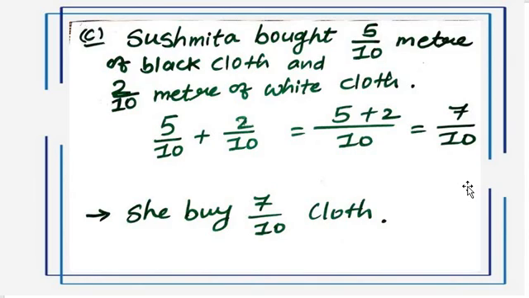It means she bought 7 upon 10 meter of cloth, black and white both, in all. She bought 7 upon 10 meter of cloth together. Understood? I hope you all have understood, my dear students.